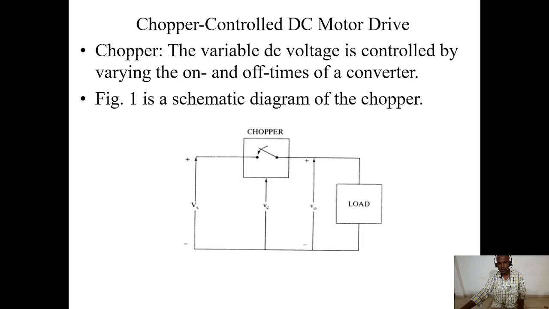So a chopper is used to convert fixed voltage into variable voltage by chopping the input voltage by means of different on and off times of a converter.